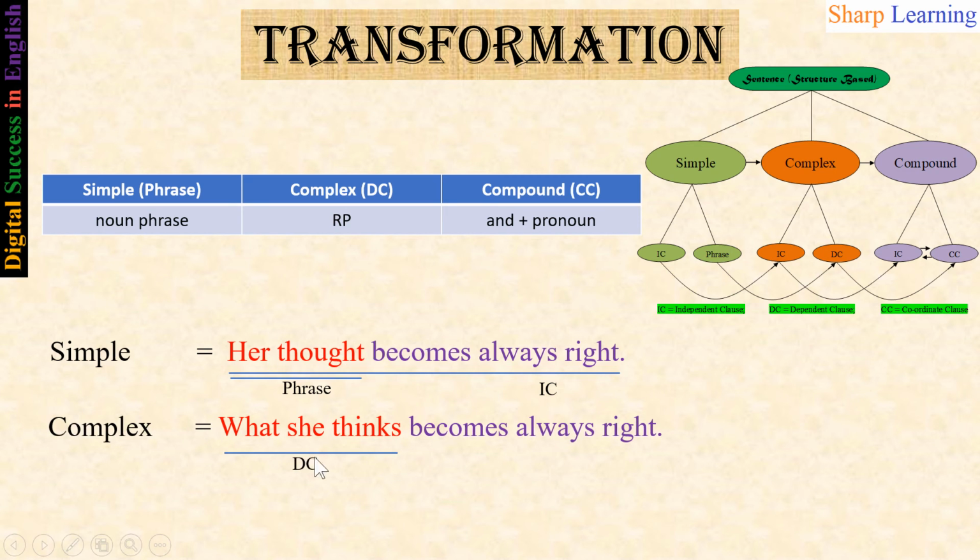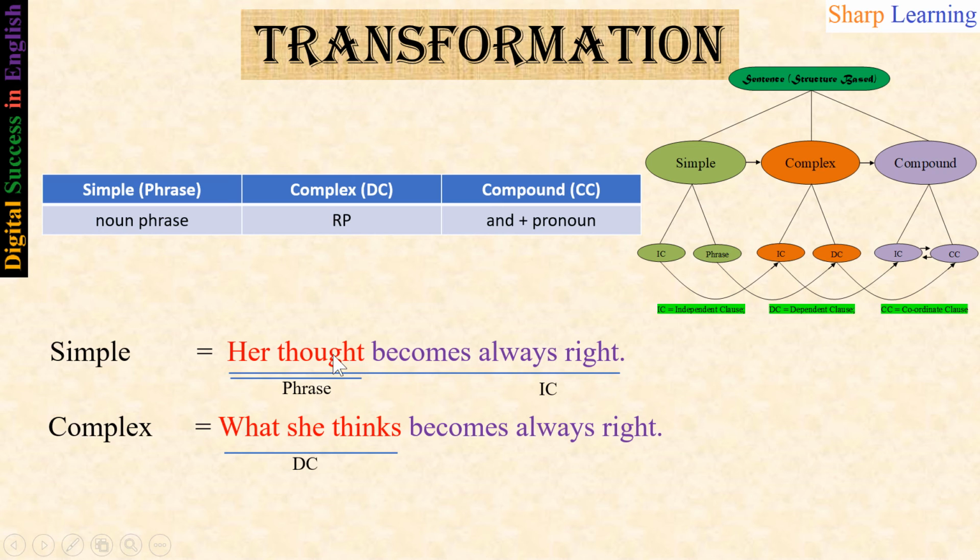What she thinks, how is it? We have used a relative pronoun, RP, that means what. Then from her we have taken the subject, the nominative case, she, and thought is a noun form, but here it is not a verb form, it is a noun form.